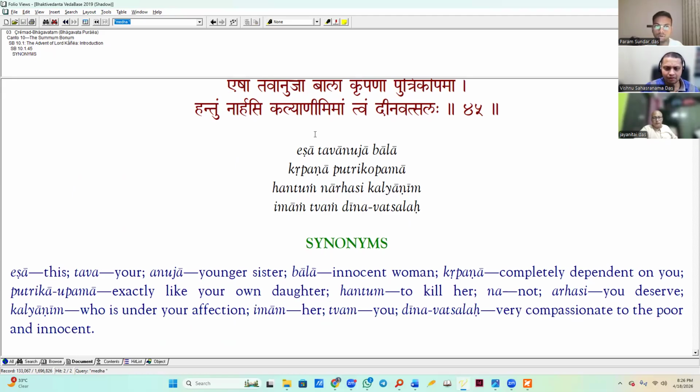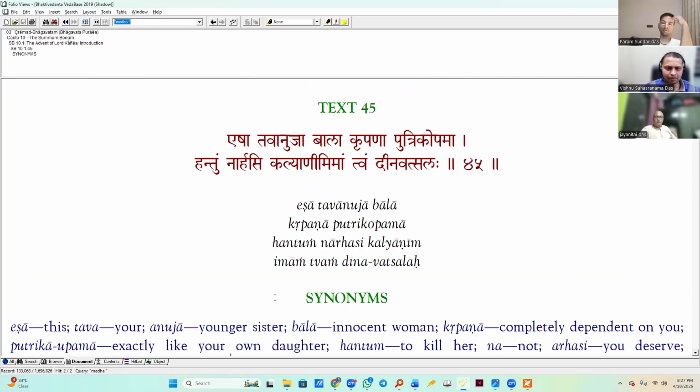So you should not kill Imam Kalyanim, your own sister, who is under your affection. She's your subject basically. So that's the Anvaya. Na Arhasi.